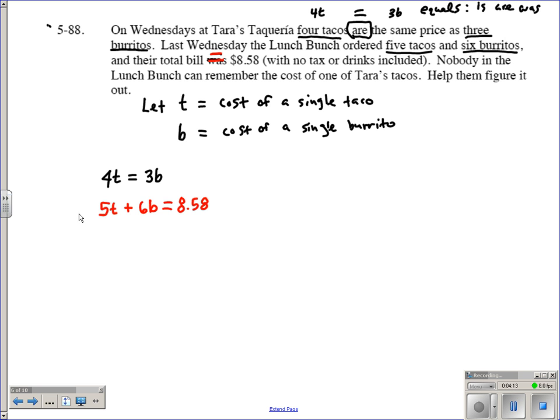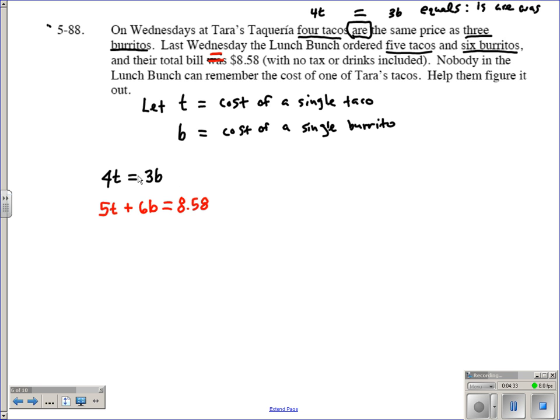So now we've got our system of equations, and it's just about setting it up to solve however we wish. They're both linear, so you could use substitution, you could use elimination, or you could graph it. I'm going to go ahead and use elimination.